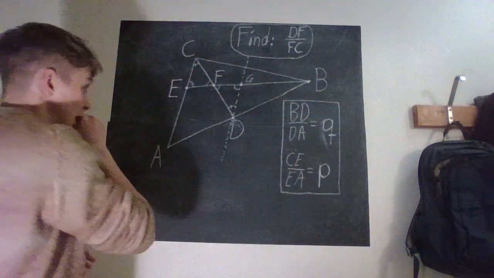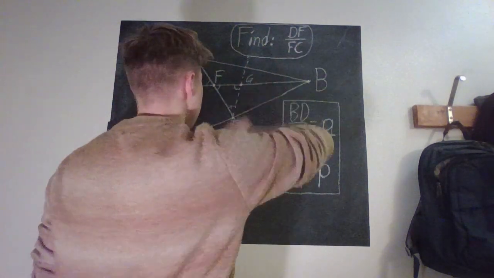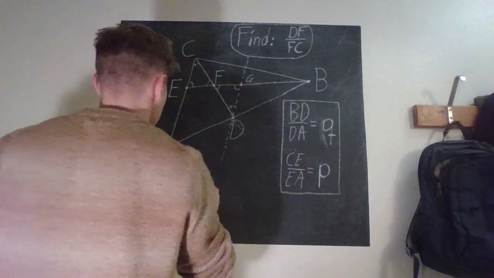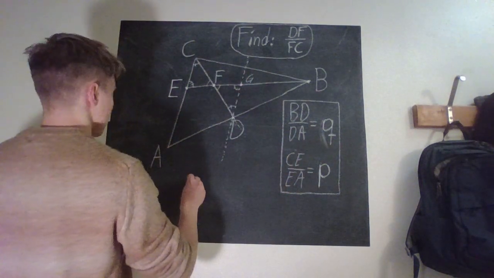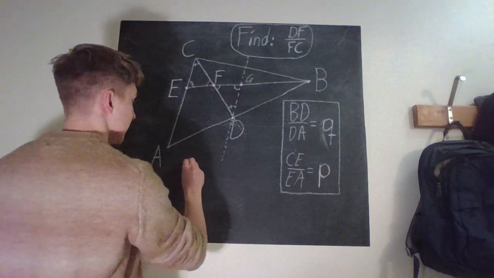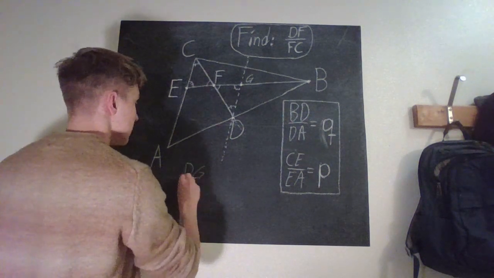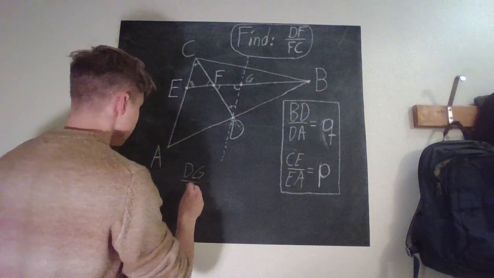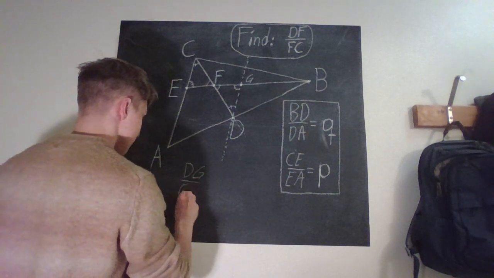And then, so we want that DF over FC is equal to DG over, I'll say CE.